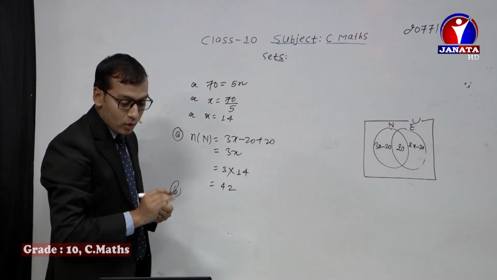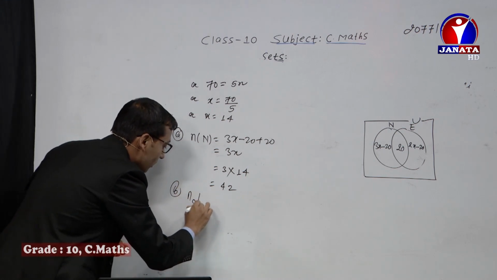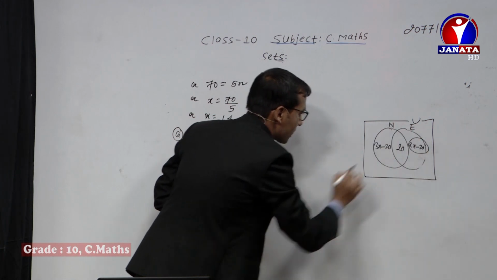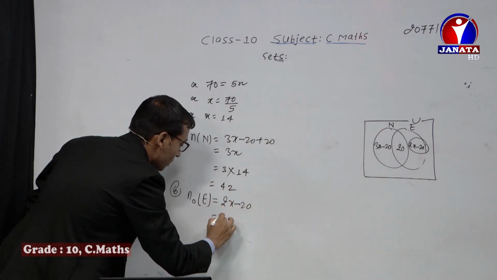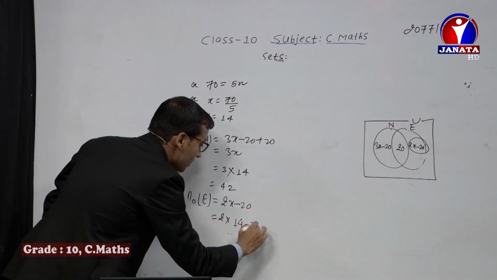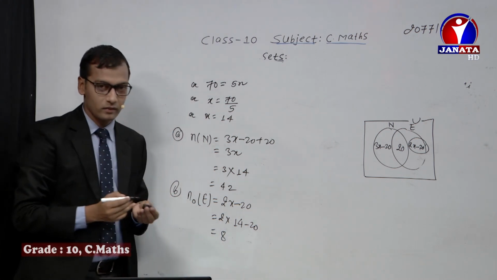For part B, how many of them like English only? So n(English only) is 2x minus 20. So twice of x minus 20. What is x? Twice 14 minus 20 is 8.